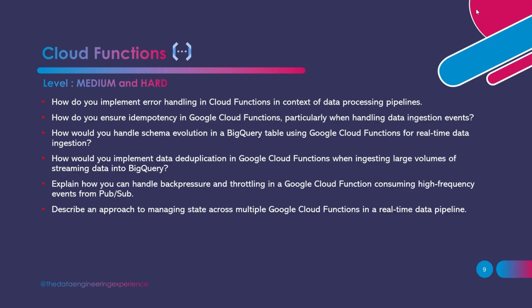The solution is to choose a state management solution first, like either Google Cloud Storage or Cloud Firestore or Cloud Memorystore, or we can use Cloud SQL. Then we can use pub/sub to communicate between the different cloud functions. Like the first cloud function will publish the message to the topic, and the second cloud function will subscribe to the topic and pull the messages.